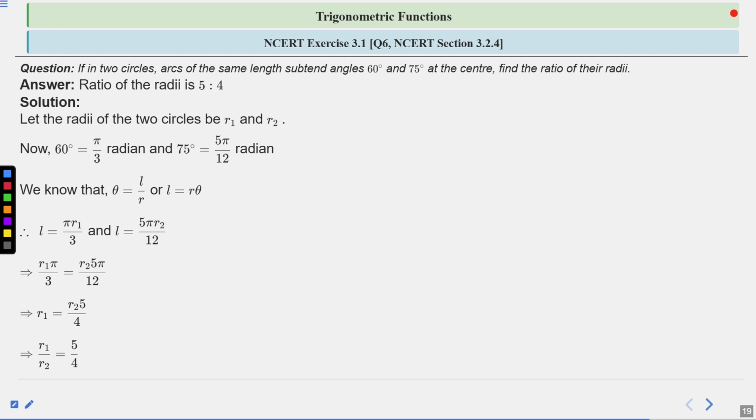So the final answer is R1 upon R2 equals 5 by 4.